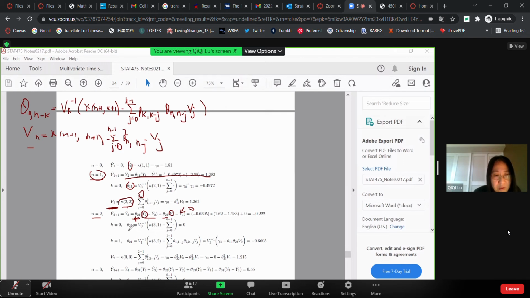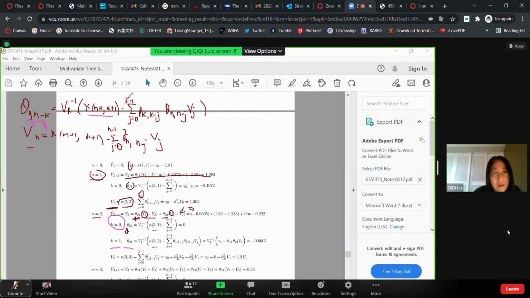Theta 2, 2, that's theta n minus k. So here n is 2 and n minus k equals 2, so k equals 0. For theta 2, 1, n equals 2, so k must be 1, right? And then we use this formula right here. So Vk inverse, V0 inverse, this V1 inverse, and kappa n plus 1, k plus 1, kappa 3, 1, 3, 2.